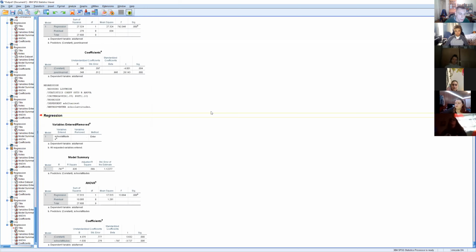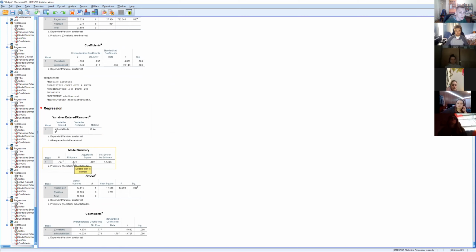What this is telling us is that school attitudes by themselves explain 0.635 of the total variation in adult arrests that are observed. R squared can't be higher than 1, so that can be interpreted as about 63.5% of the variation in adult arrests can be explained by variations in school attitudes.